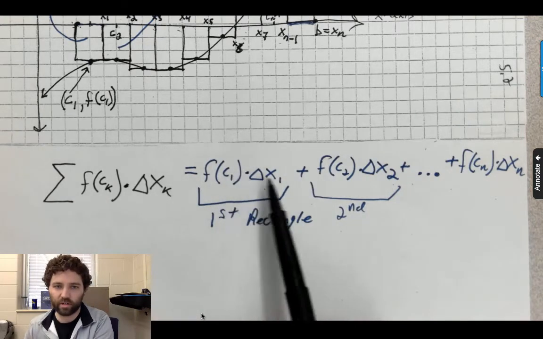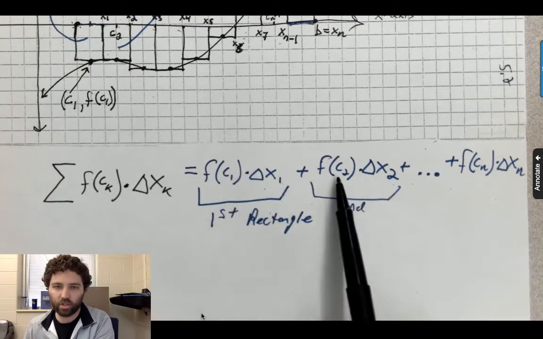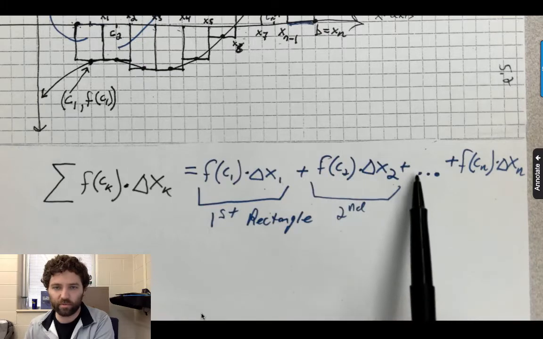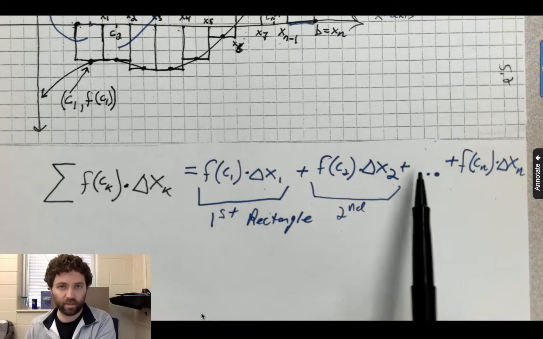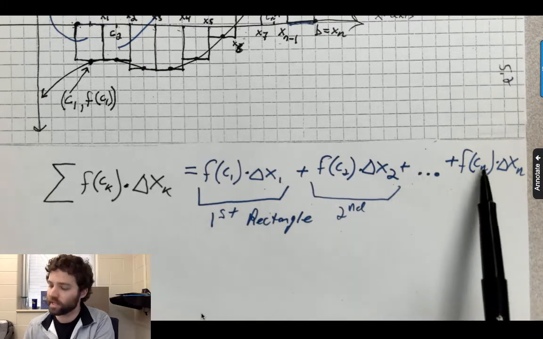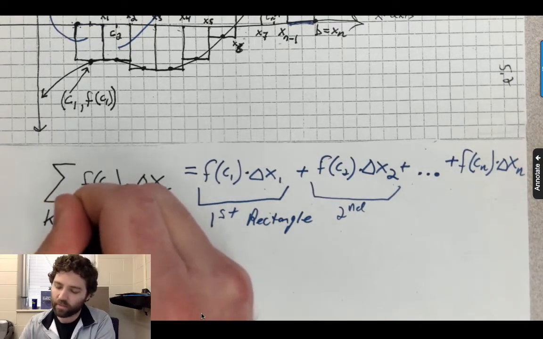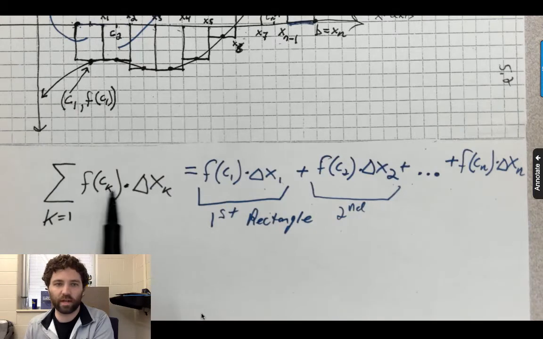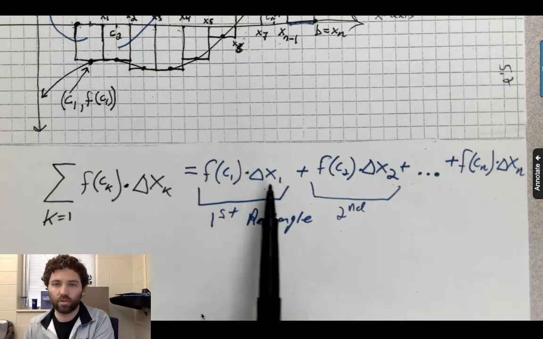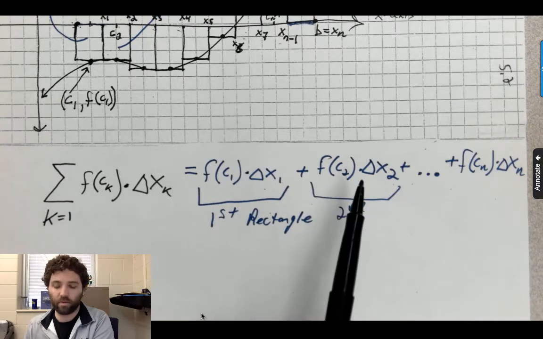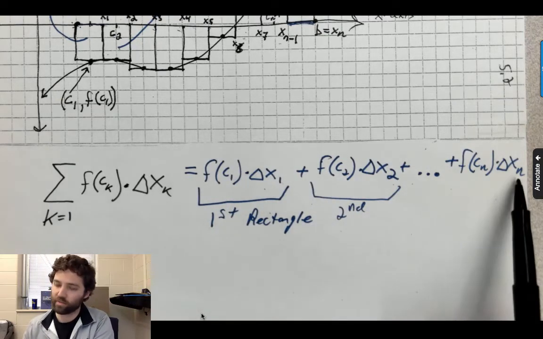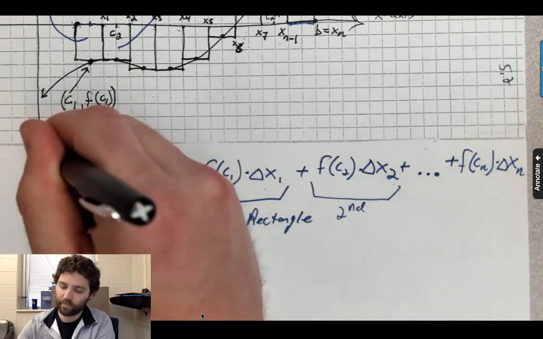You can see there's 1 here, and then 2 for our rectangles, and then the next one would be f of c sub 3 times delta x sub 3, and so on all the way down to n. We're going to let k start at 1. You can see then if I plug in 1 for k, I get the first rectangle, and then it will go up to 2, the second rectangle, and so on. And we're going to let that run all the way to the last rectangle, which is n.